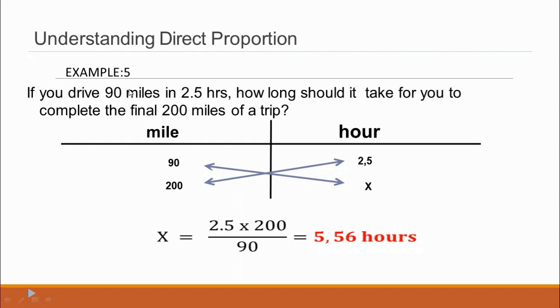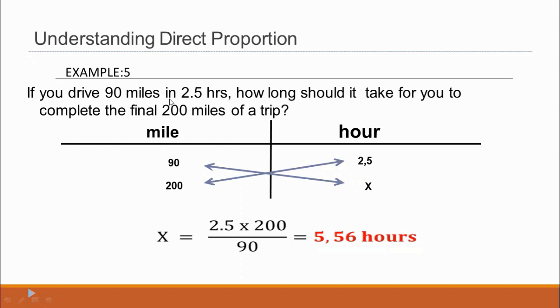So first of all, write the 90 and at the bottom write the 200. Now present the second quantity in the second column, hours. In the first sentence, we have 2.5 hours, and in the second stage, the hour is unknown.